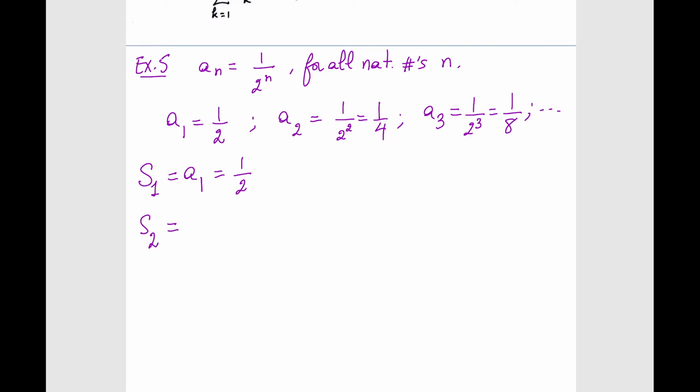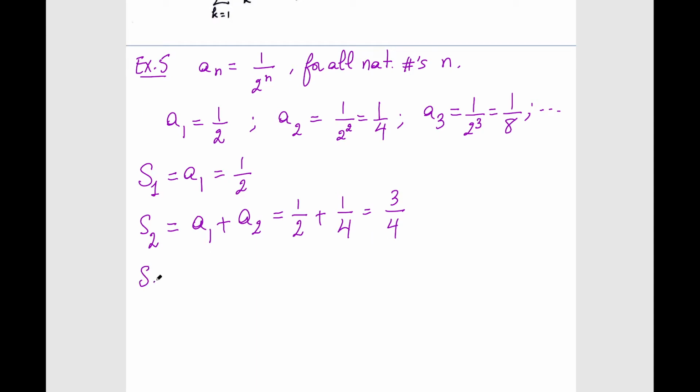S2 is equal to the sum of the first two terms, so A1 plus A2. The first equality here is just the definition. A1 is half and A2 is 1 over 4. What's 1/2 plus 1 over 4? This is 3 over 4.